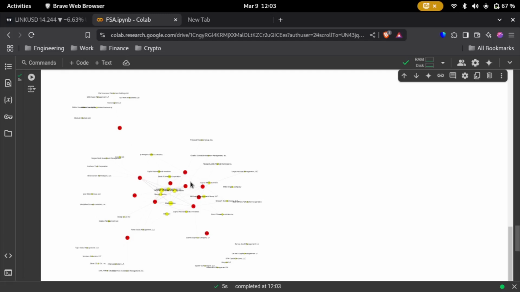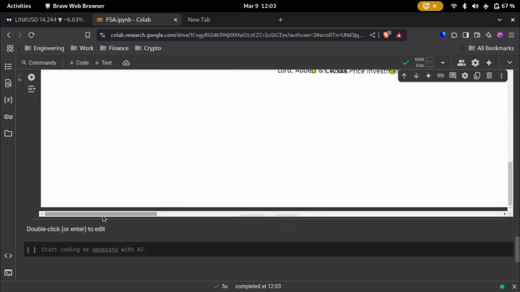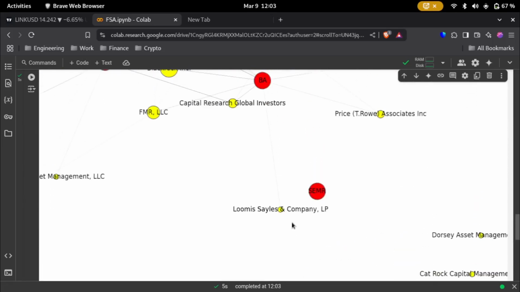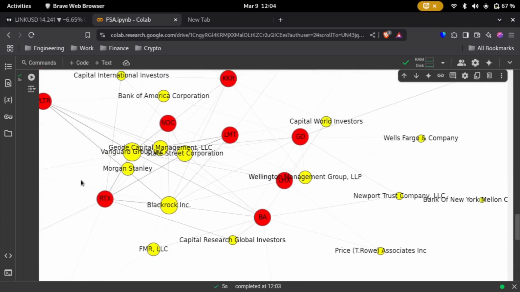By using a network like this, if BlackRock and Morgan Stanley are tied closely with RTX and LMT, then their gains and losses are most likely tied together as well. That's how I use this network to see which institutional investors are connected to which companies, so I can correlate gains and losses between them.